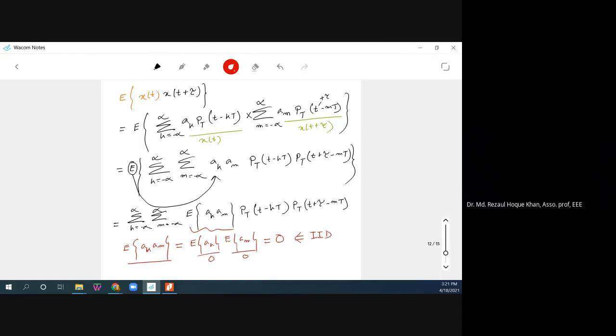This is true for k not equal to m. That is the condition: the expected value of ak and am will be 0 only if k is not equal to m.